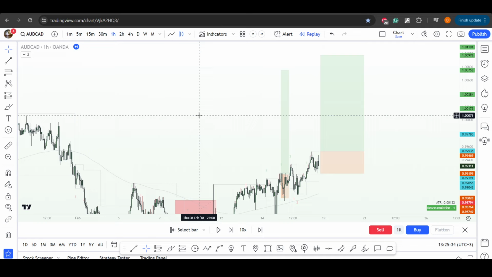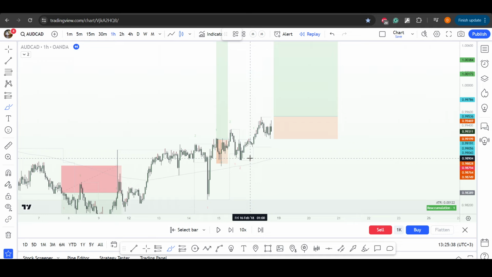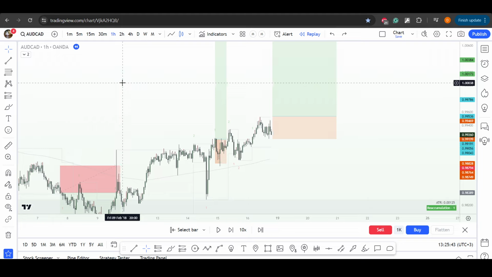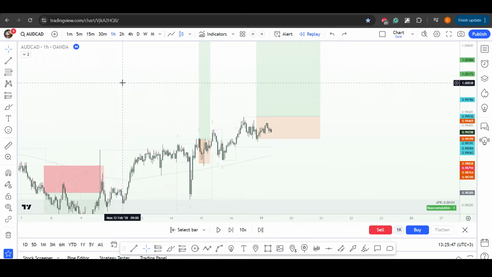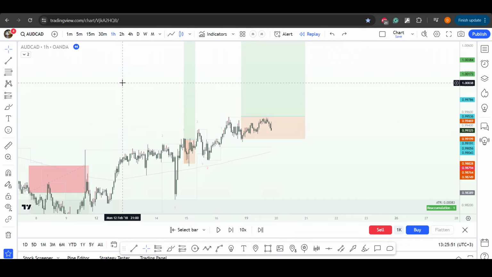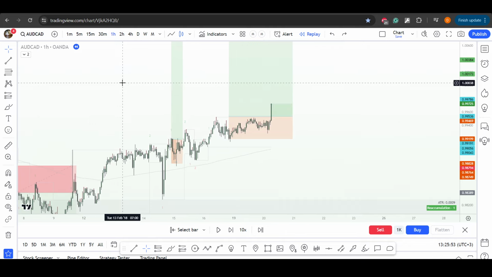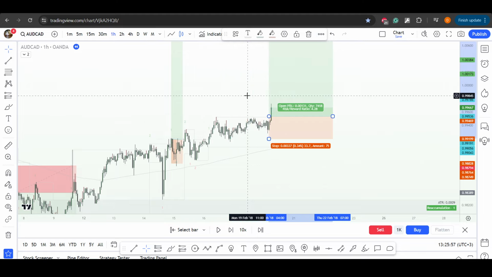So let's try this impulse correction, impulse pattern. Impulse, impulse correction, impulse. Possible impulse. So no tap yet. So we got a tap here with a nice bullish push through the high.